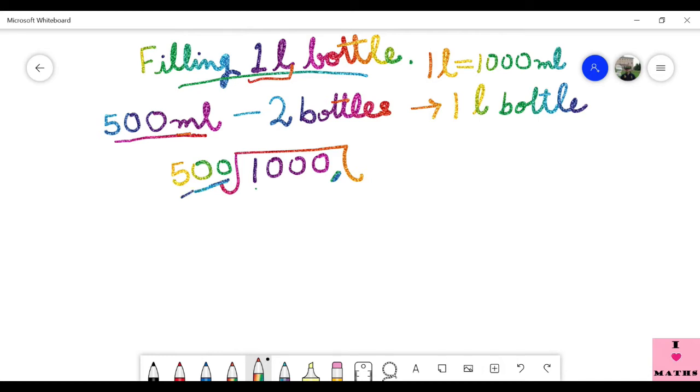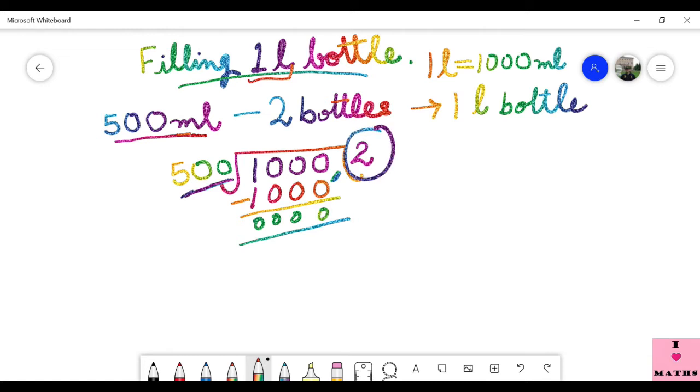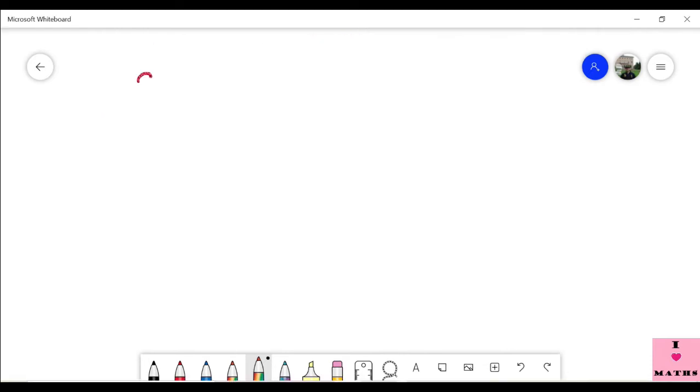Now since we know the table of 5, we can make the table of 500. 500 twos is 1000. So if we use 500 milliliter bottles, then 2 bottles will fill up a 1 liter bottle.